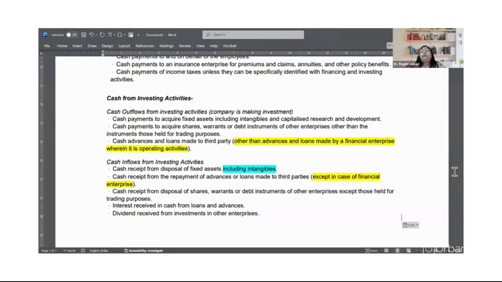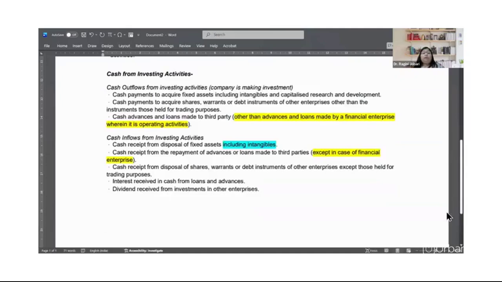Apart from this, the interest received in cash from loans and advances is also part of cash inflows from investing activities, and at the same time the dividend received from investment in other enterprises is also part of cash inflow from investing activities.